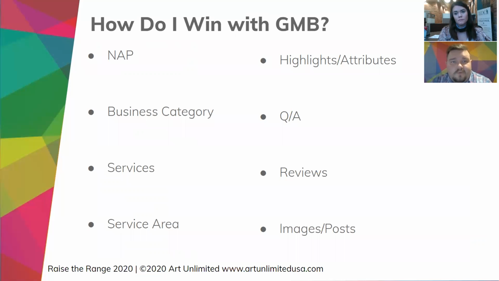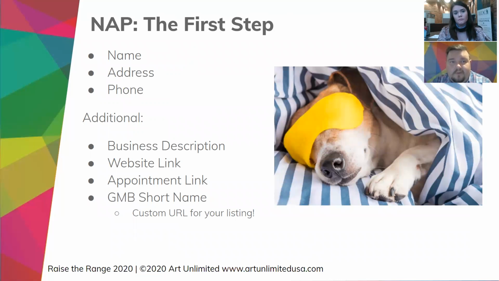So the first one we're going to be talking about is NAP, which does not mean sleeping. NAP stands for name, address, and then phone number. It's just initial quick setups that you do. You put in your business name, where your address is, your phone number. And then additional things is also business description, where you're given 750 characters to just tell the world who you are and why they should visit you.